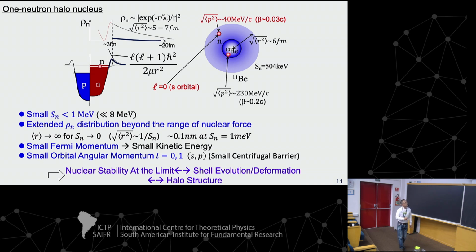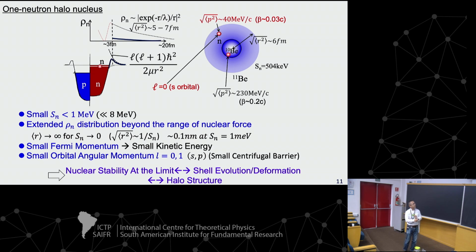So an extended neutron density distribution occurs beyond the range of the nuclear force when the separation energy is small. For instance, if the separation energy is 0, it means that the density, sorry, the mean radius becomes infinite.